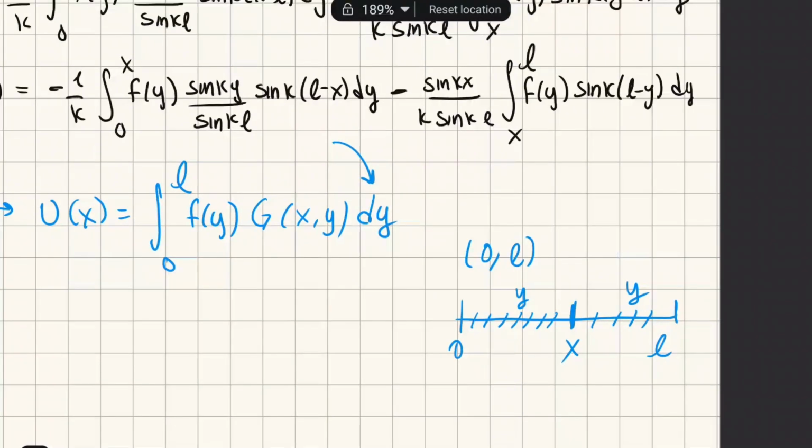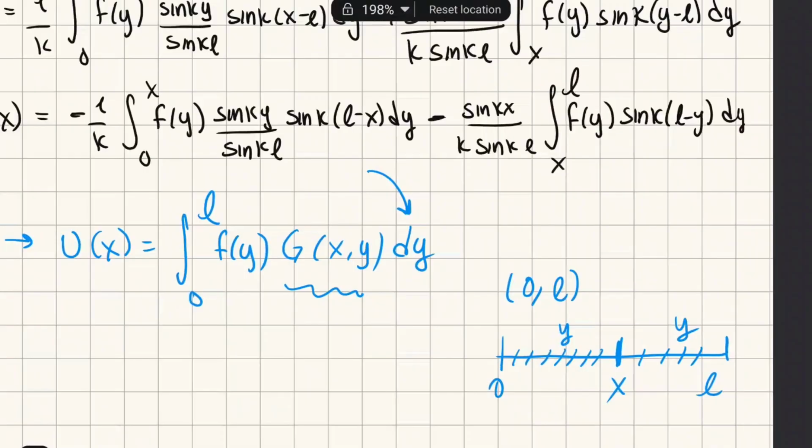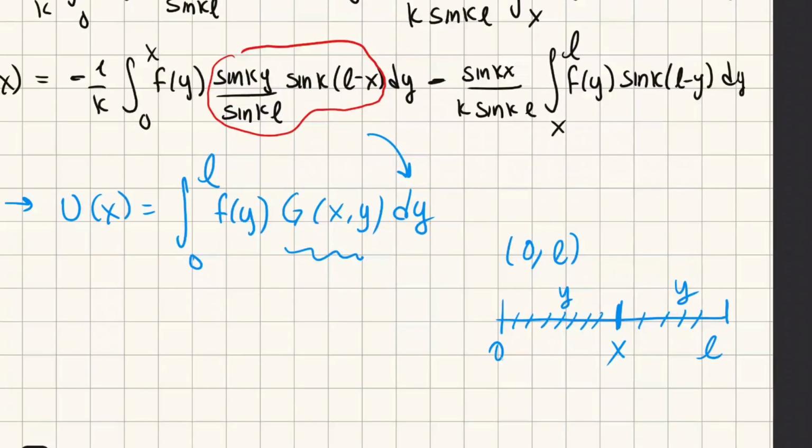So this is telling us that this function is going to be equal to these elements that we have here when we take the integral from 0 to x, so when we are in this part of the interval. Okay, so g is going to be this thing over here when we are from 0 to x.